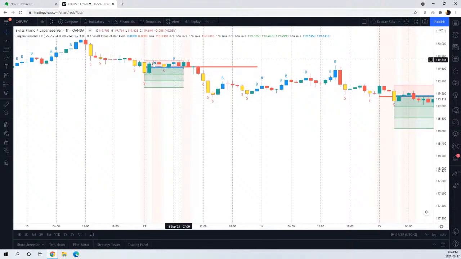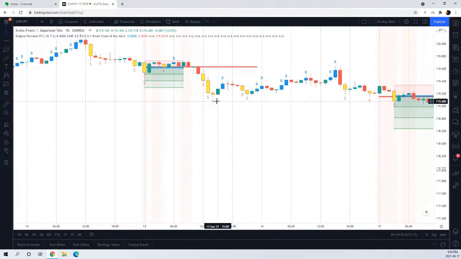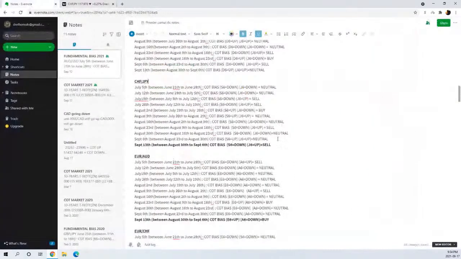You can always go back in if you properly analyze the market, and you could re-enter the market for a sell. Okay, but overall this pair was a downtrend, exactly what we said on our fundamental buy. So that's perfect. So far we're 7 out of 7.